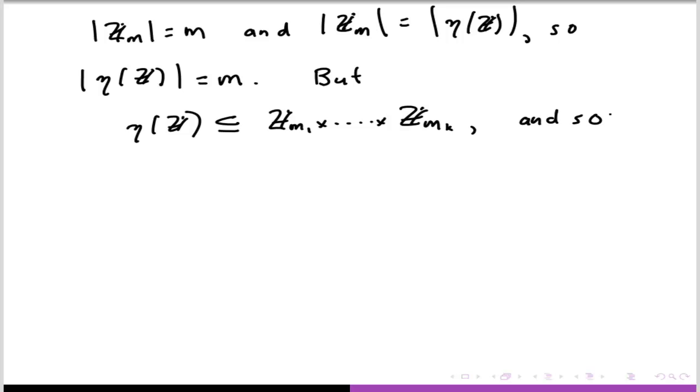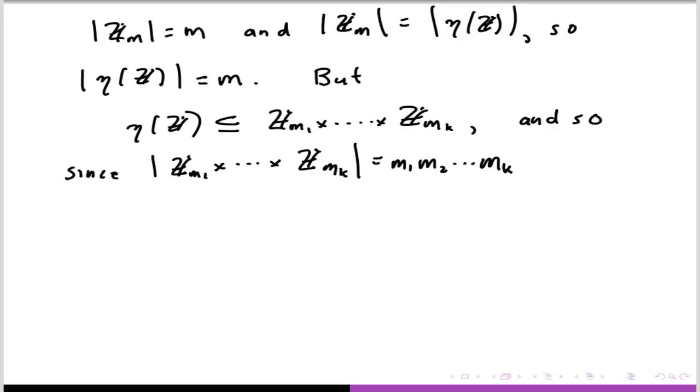And so what's the cardinality of the right-hand side? Since the cardinality of Z mod m1 cross ... Z mod mk is just m1 times m2 times ... mk, which equals m, this must in fact be all of the right-hand side.